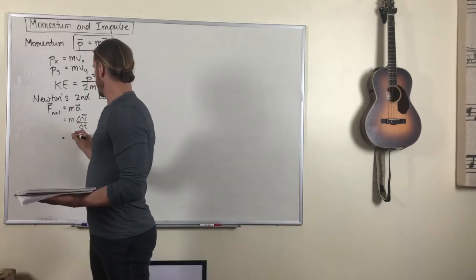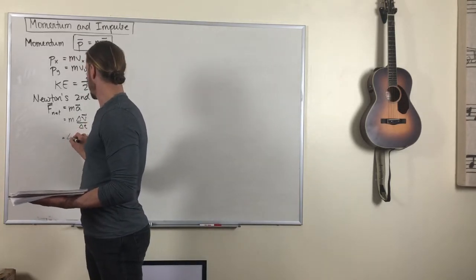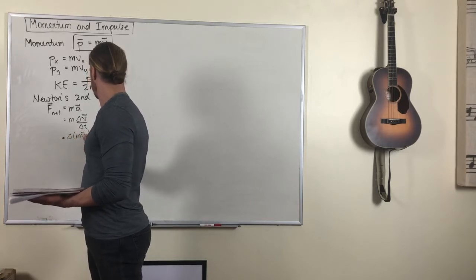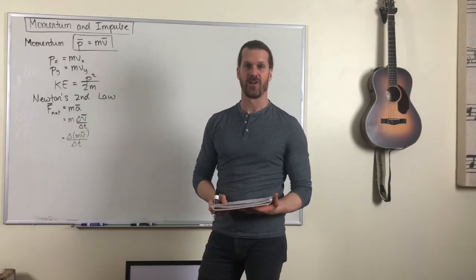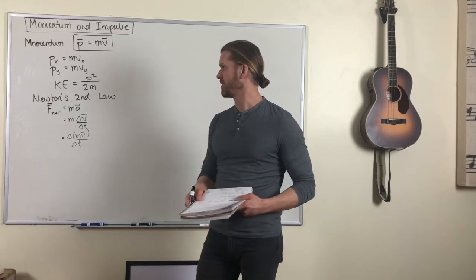Now, if we group mass and velocity together, we can write that as the change in mass times velocity divided by the change in time.